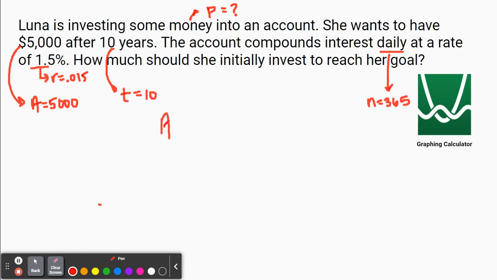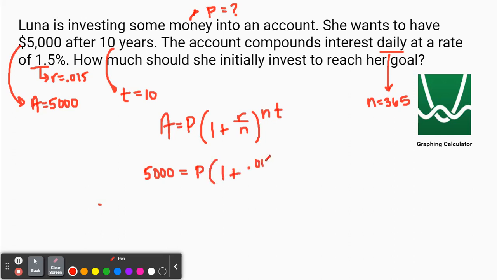So let's remember our original equation, and let's plug in what we know. Future value is 5,000. The principal we don't know. The rate is 0.015. The number of times per year is 365, as long as we're not in a leap year.